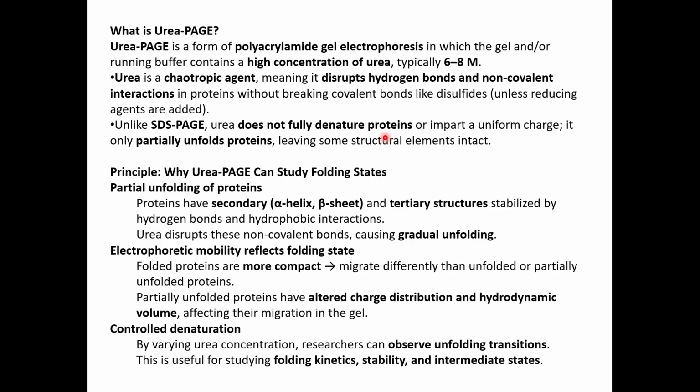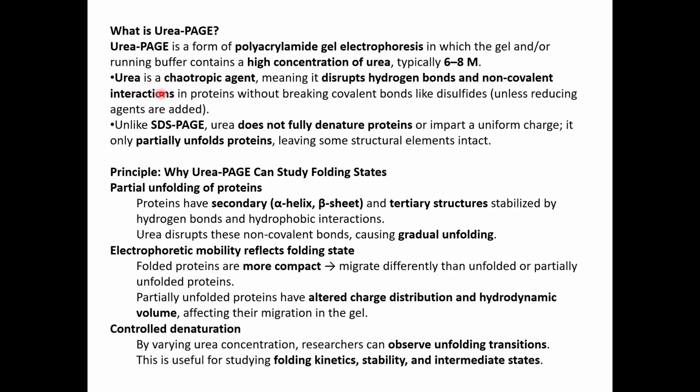Next is urea-PAGE. Urea-PAGE is a form of polyacrylamide gel electrophoresis in which the gel and the running buffer contain a high concentration of urea, typically around 6 to 8 molar.